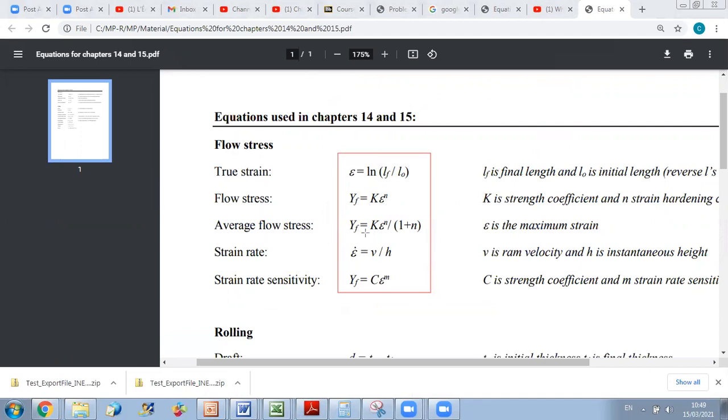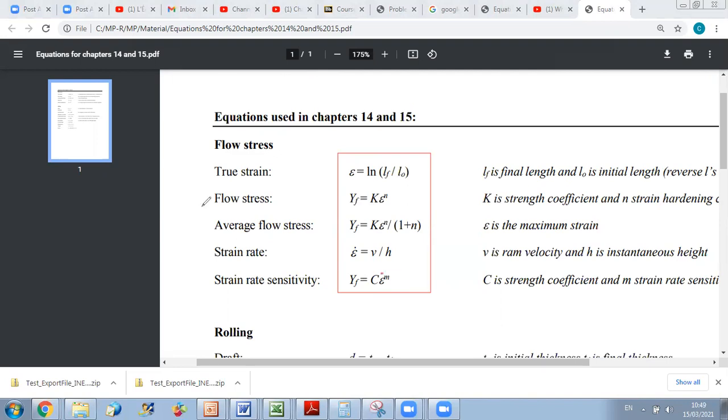The average flow stress is K epsilon to the n over 1 plus n. The strain rate is velocity over height. For example, in a certain operation, it's the ram velocity and h is the instantaneous height. And the strain rate sensitivity equation is given by sigma equal to C times epsilon dot to the power m.